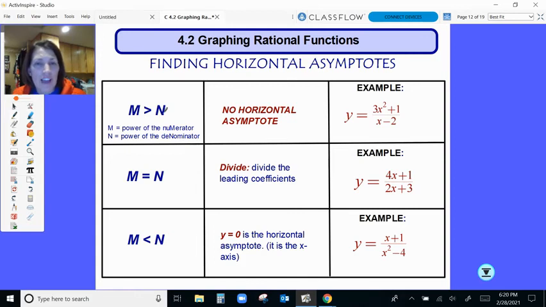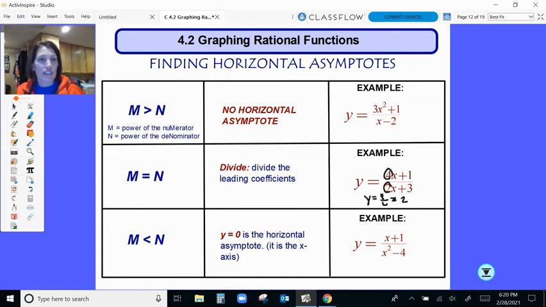If m is greater than n, there's no horizontal asymptote. And here's my example. If m equals n, then I divide. In this case, it's going to be y equals 4/2, which would equal 2. So I take the 4 and divide it by 2, which equals 2. If m is less than n, it's y equals 0, which is the x-axis.